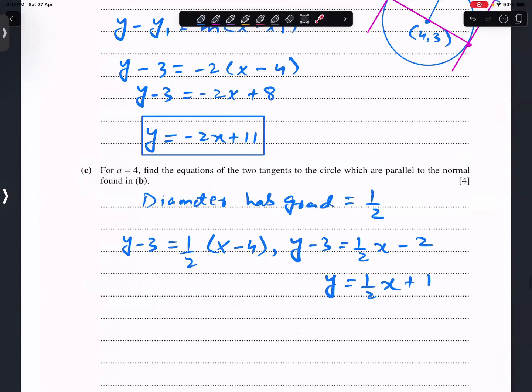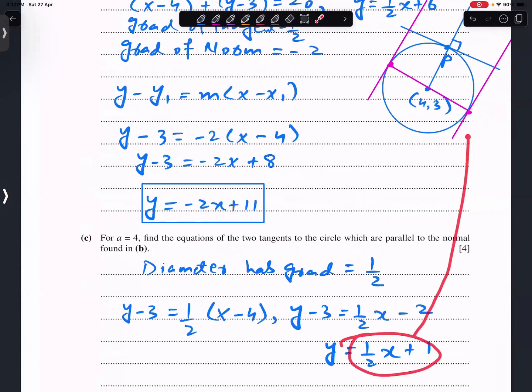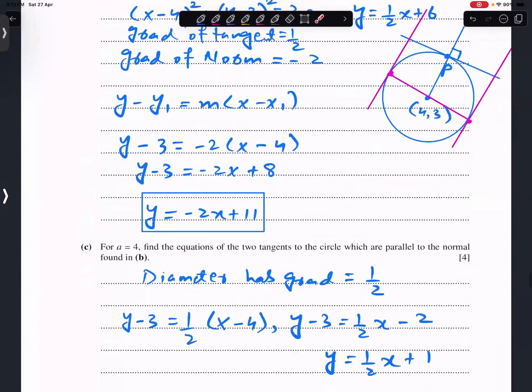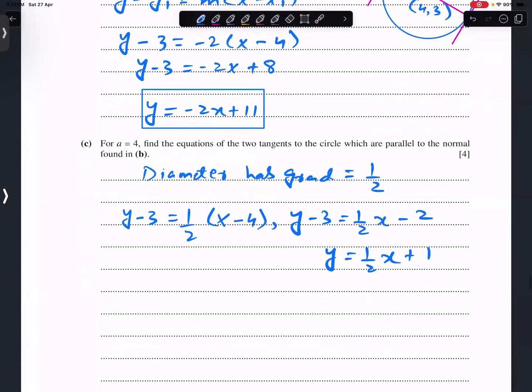Now, as the diameter intersects the circle at these 2 points, we will find these 2 points first. So what is my circle? Equation of circle is (x minus 4) whole square plus (y minus 3) whole square is equal to 20. So x minus 4 whole square plus, put the value of y. This is the value of y.